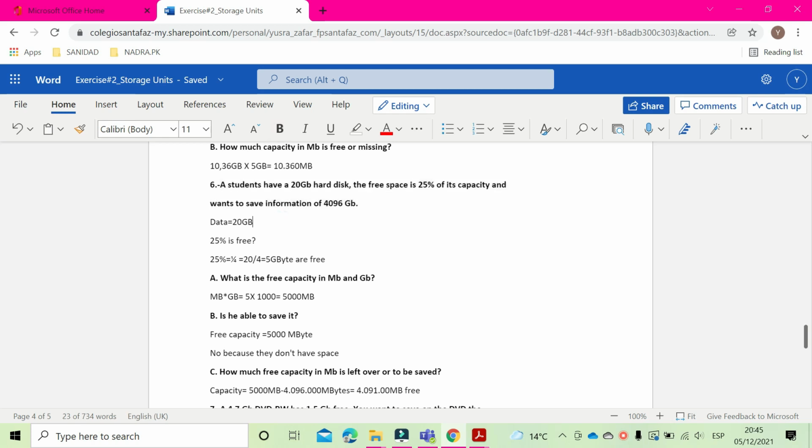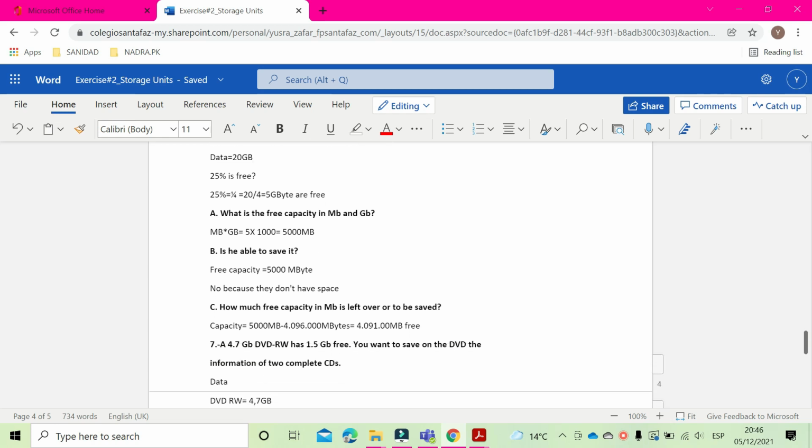The data we have: 20 GB and 25% is free, and 25% is equal to a quarter, so we divide 20 by 4, which is equal to 5 gigabytes free. It means that they have 5 gigabytes free.